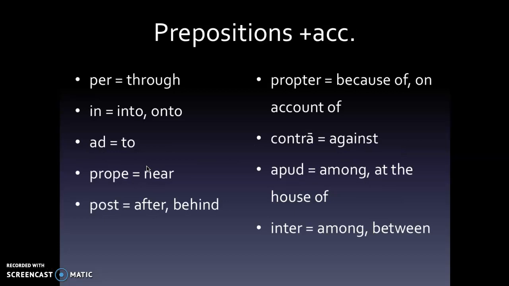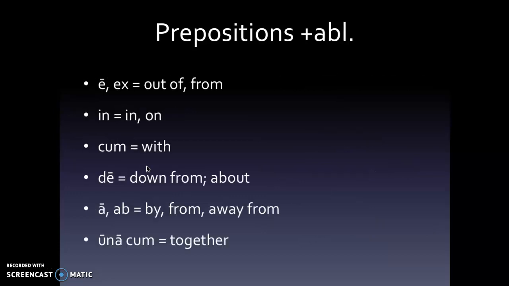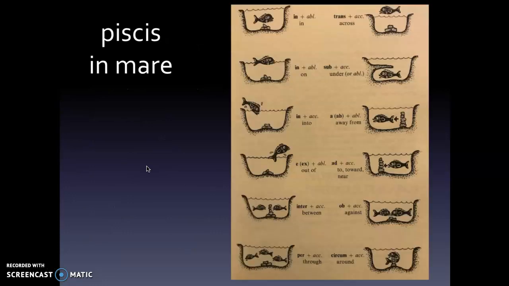Here are some examples of prepositions that take the accusative as their object. You can pause the video and study them if you would like. Here are some examples of prepositions that take the ablative. And here's a nice visual of what their different meanings look like. So in plus the ablative is simply in, but in plus the accusative is into.